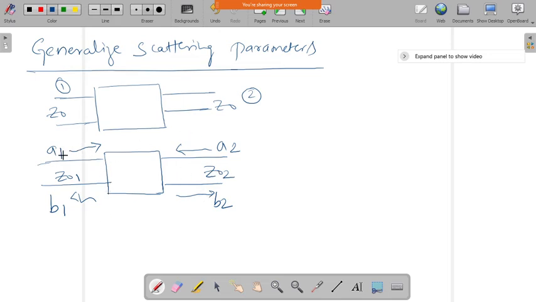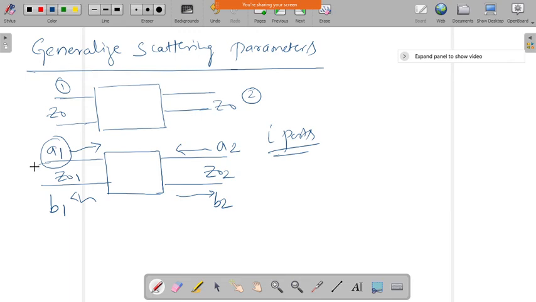Now if I take in general some i ports or n ports, how are we able to define the incident voltage? Whatever A1 we define for a two-port network, in general we can define for i-port networks.